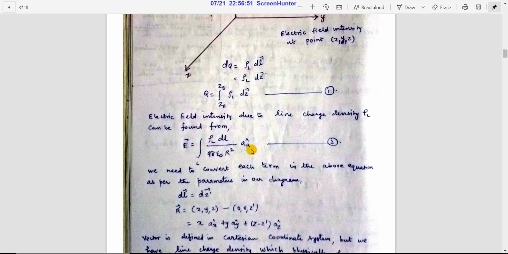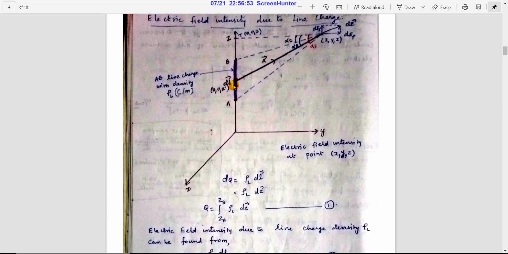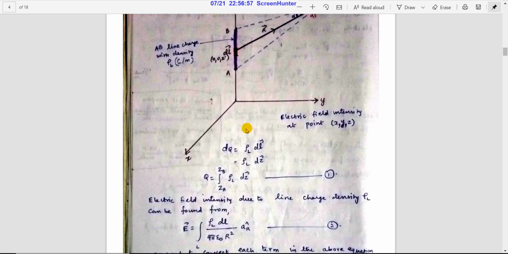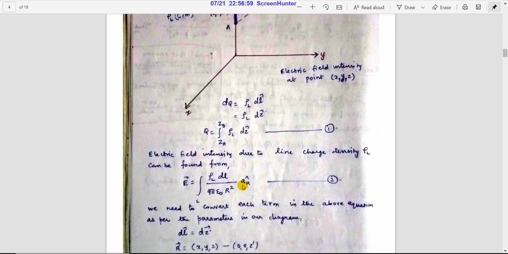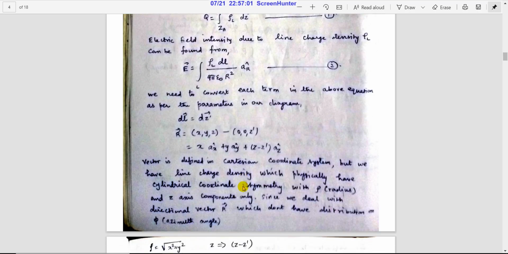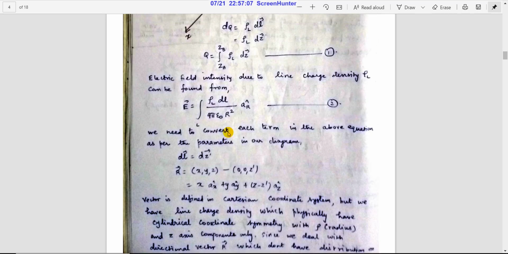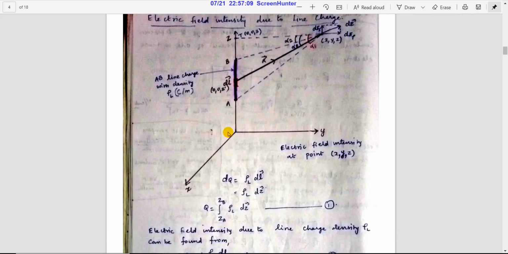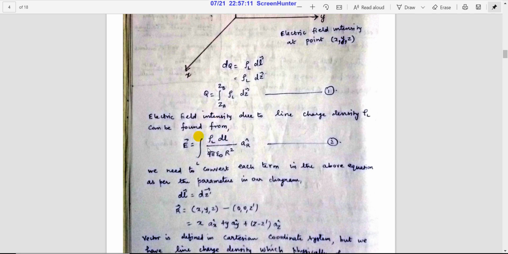So electric field intensity due to line charge density rho L can be found from the equation: E vector is equal to the line integral of rho L dl divided by 4 pi epsilon naught R square aR cap. This aR cap is situated along this particular R vector. That's why we call it aR cap.